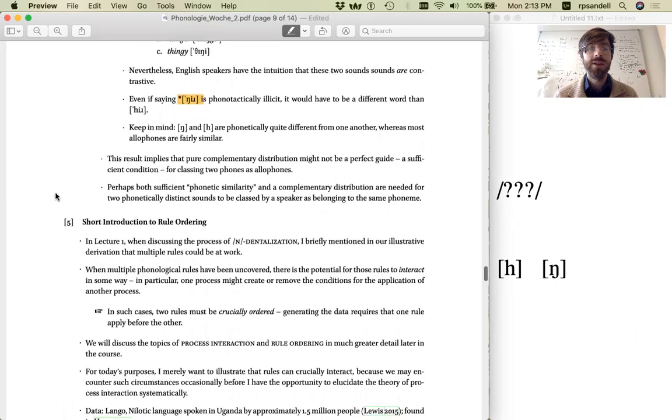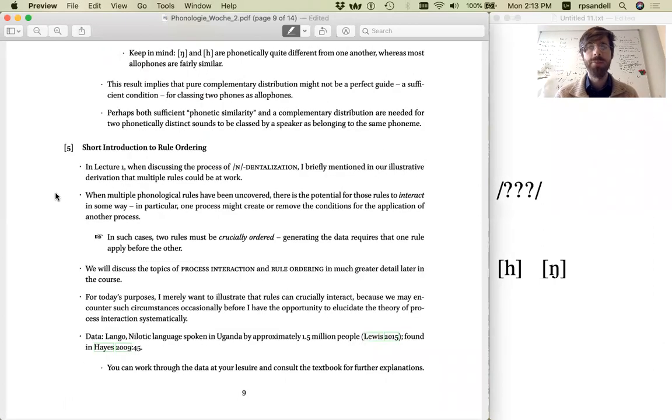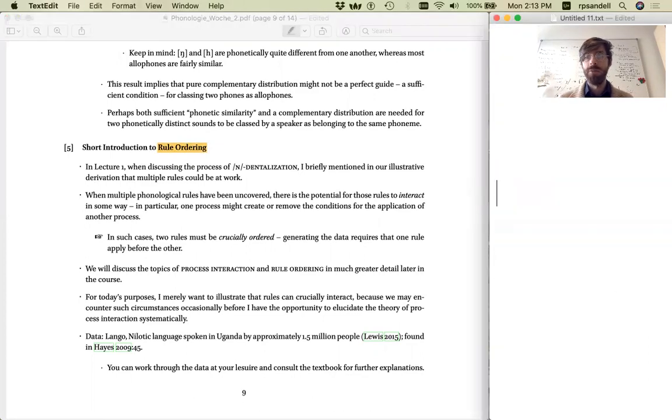And now what I'd like to do is to briefly introduce a concept that will come to have a great deal of importance later in this course, namely the notion of rule ordering. So back in lecture 1, when we discussed the process of n-dentalization in English, I briefly mentioned in the illustrative derivation there that there could be multiple rules at work.